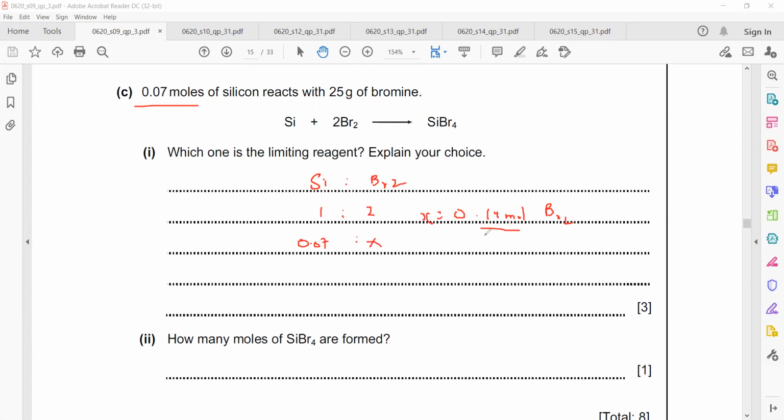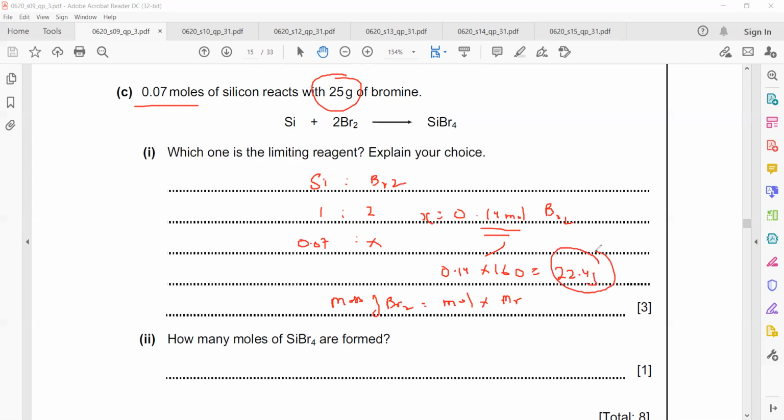But we cannot compare directly. Here we have moles, and in the question we have the mass. So we should know, according to these moles, what should be the mass in gram. So the mass of bromine needed for the reaction will be equal to moles multiplied by molar mass. Moles were 0.14 and the molar mass of bromine is 160, so you are getting 22.4.